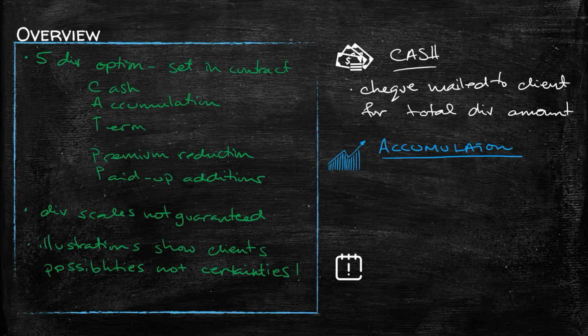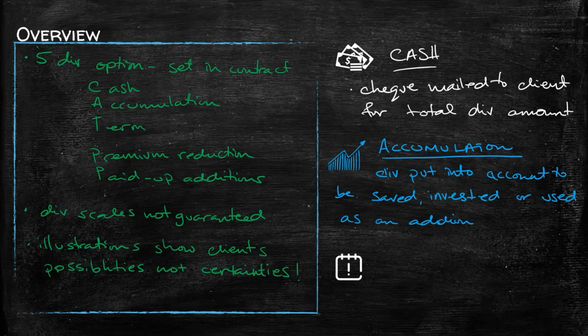That dividend is put into an account, and with that account, the dividend can either be saved, invested, used in addition to the death benefit, so paid out with that death benefit. It can also just be withdrawn by the holder. So what happens in that accumulation fund is really up to the client. They have a lot of options there, and they can just use that money if they need it.